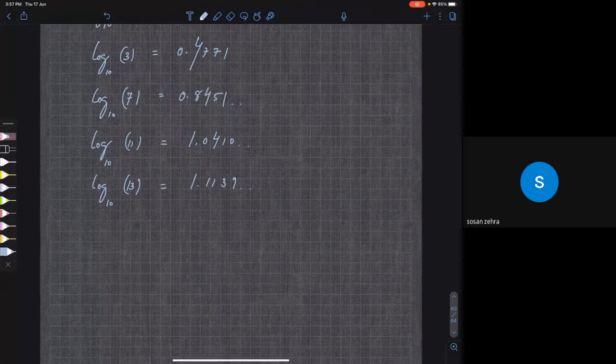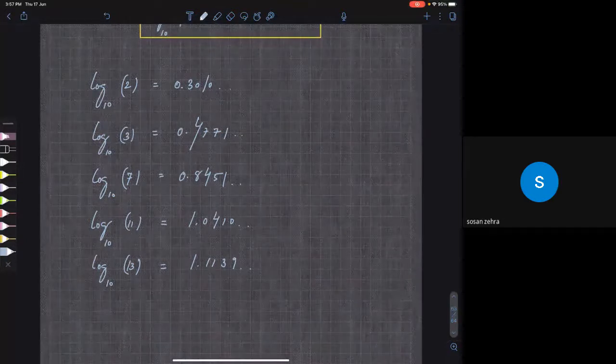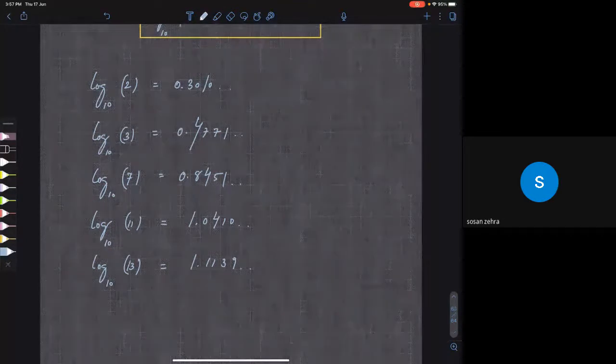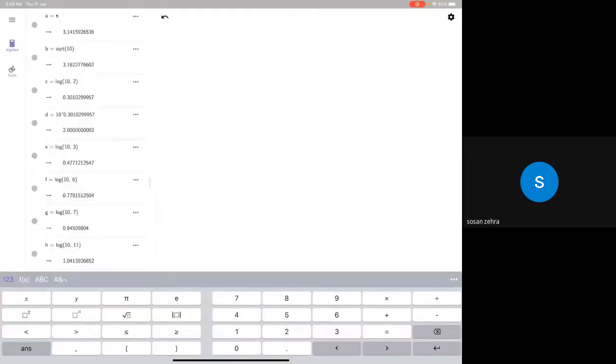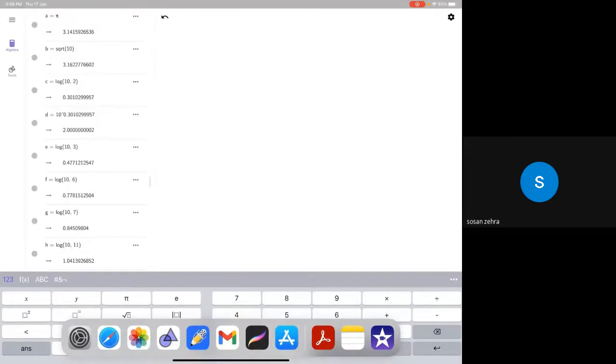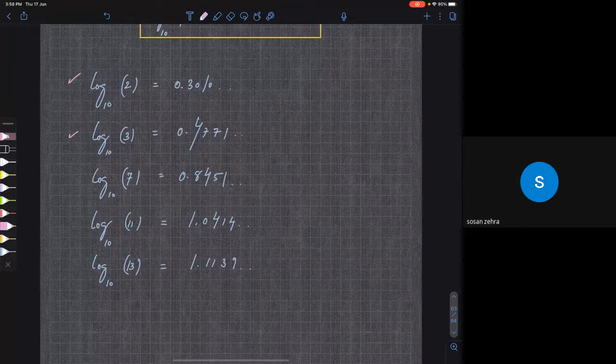The log of 11 to the base 10 is 1.0414. So if you remember these values, you can write the logarithms of almost all the numbers that you will come across in problems, right?